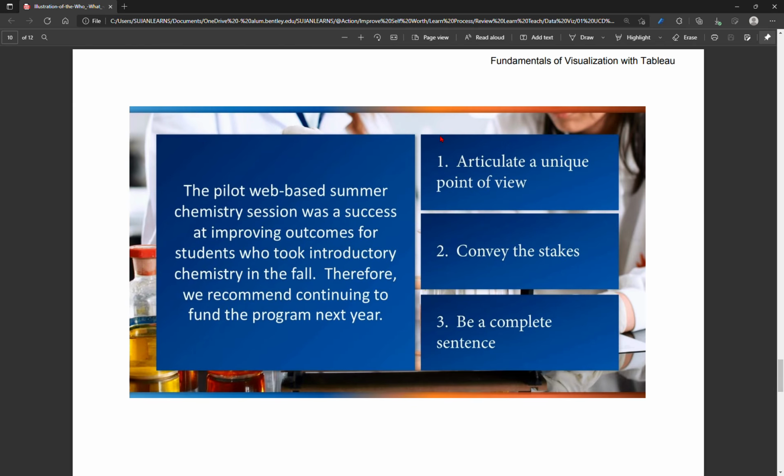The author says that a sentence including the three big ideas is: the pilot web-based summer chemistry session was a success at improving outcomes for students who took introductory chemistry in the fall. Therefore, we recommend continuing to fund the program for next year. It sounds simple, right? But it's not always intuitive.